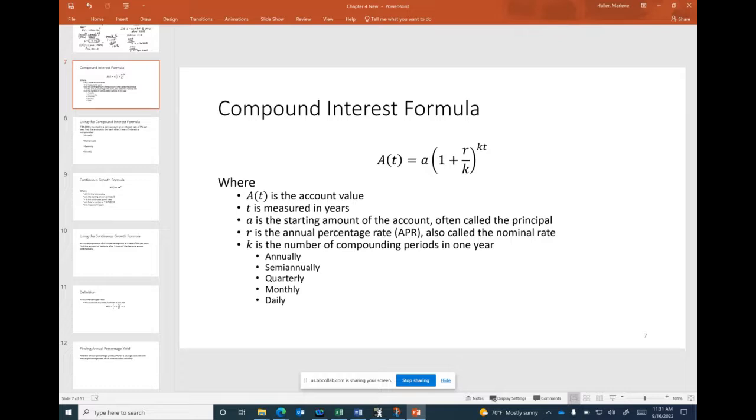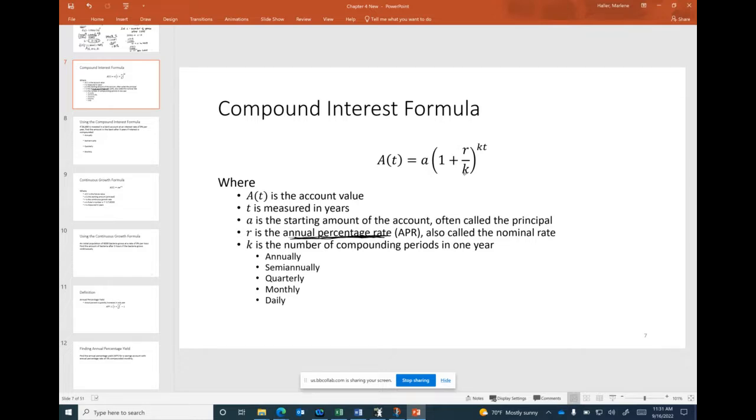All right, so here's the formula that's used for compound interest. Some amount at some future time, right, is equal to the initial value, the initial investment or the initial loan, times 1 plus, and this R is the annual percentage rate, okay? Very seldom what you're actually paying or earning, right?